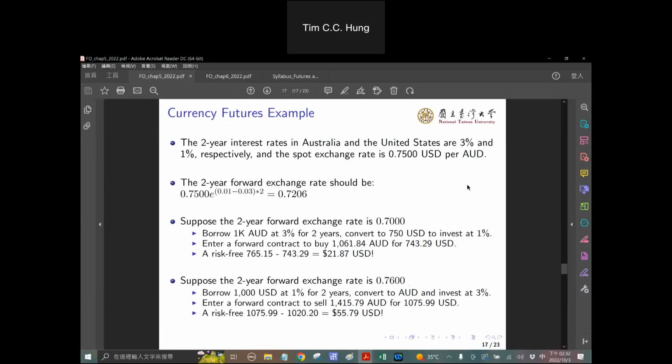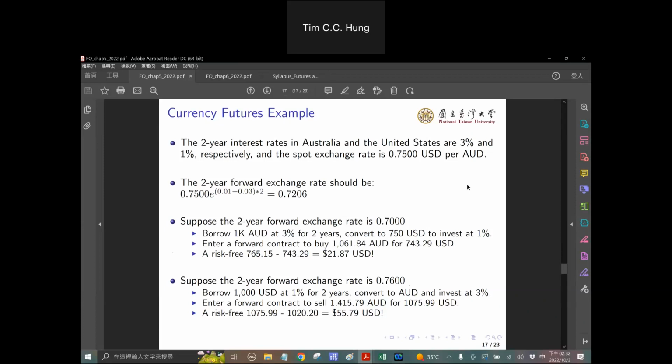Suppose that the 2-year forward exchange rate was just exactly 0.7. What it means is that on the market, there is a forward exchange rate expiring in 2 years that people can use to exchange $1 Australian for 70 US cents in 2 years. And you know that according to our formula, an Australian dollar should be worth 72 cents.